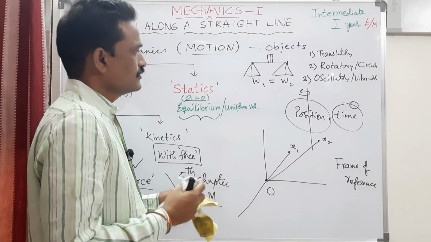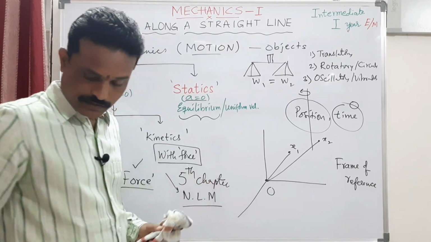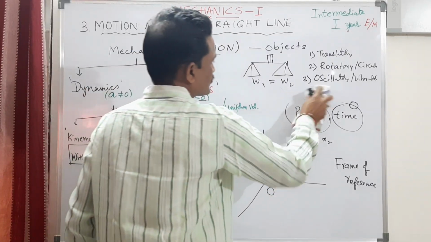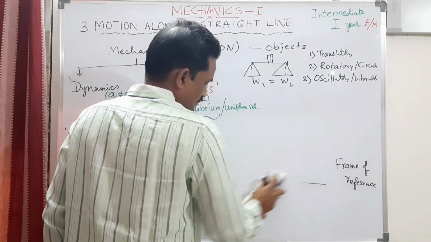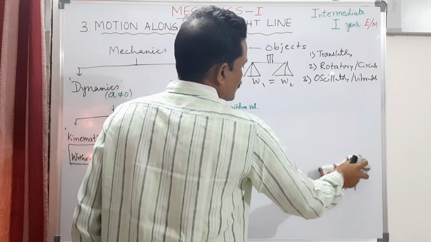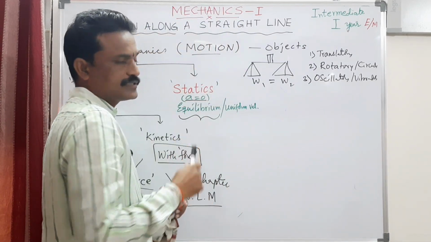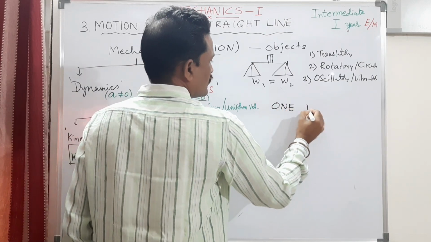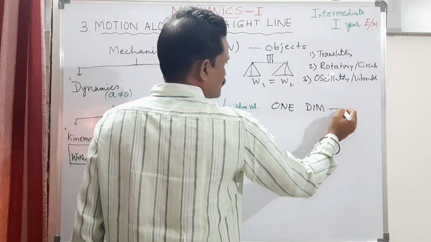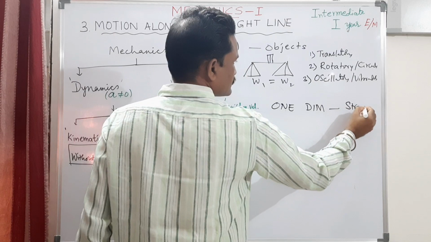Now, the translatory motion can be of three types further. What do you mean by one dimensional motion? One dimensional motion is also motion along a straight line.